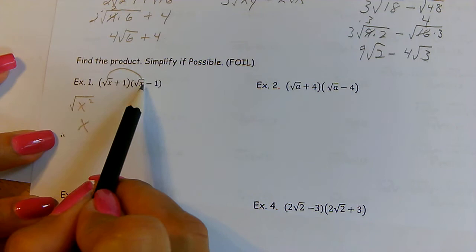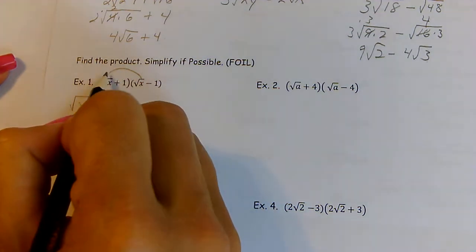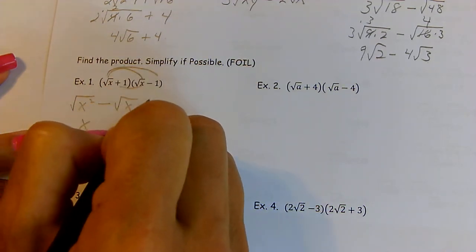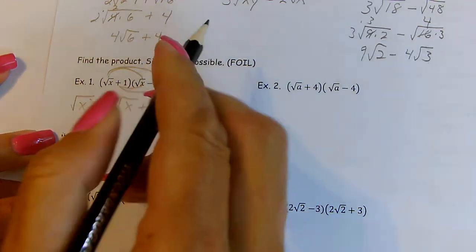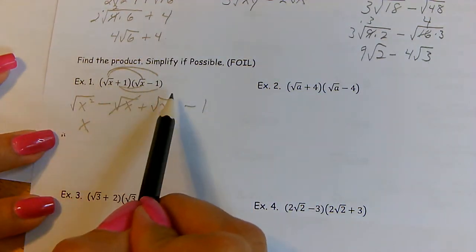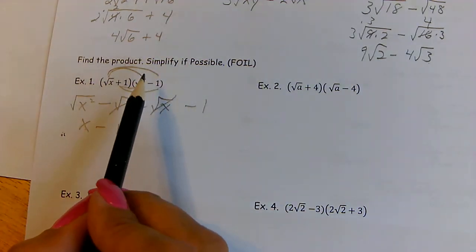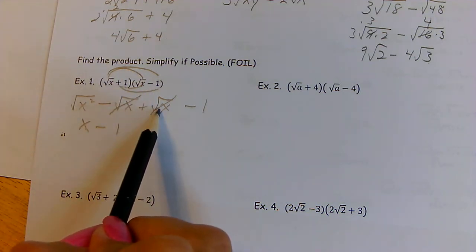So anything times itself under square root is just the radicand. Minus the square root of x plus the square root of x minus 1. These two cancel out and it'll be x minus 1. Notice these are opposite signs, that's why these cancel out.